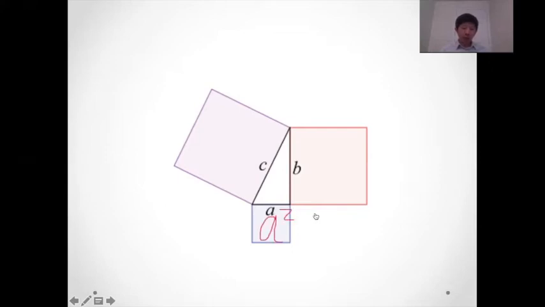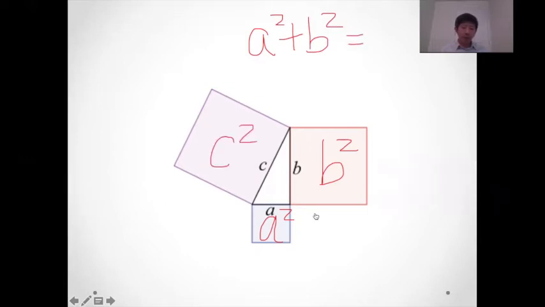And if we take b and make a square, that would be b square, right? So according to the Pythagorean theorem, under the right triangle, a square plus b square is equal to what? This area, right? So c square.